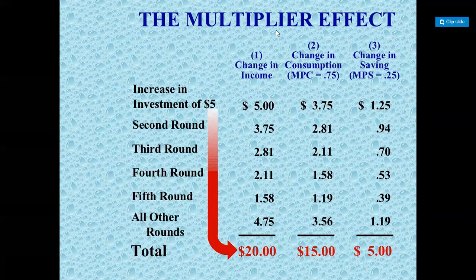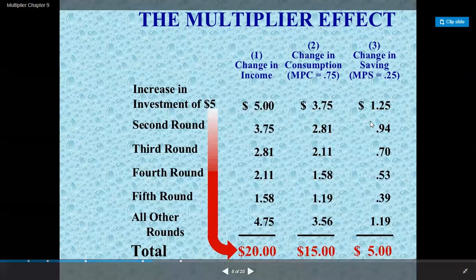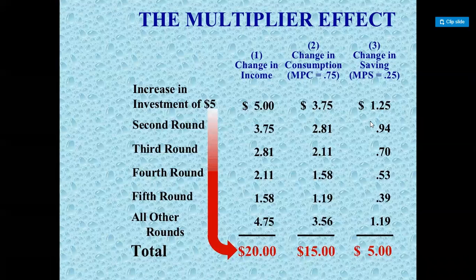So first they have taken the $5, it will change consumption according to the MPC and continue, and then the change goes to savings. The rounds go on, 1, 2, 3, 4, 5, as the multiplier process continues through consumption expenditure.